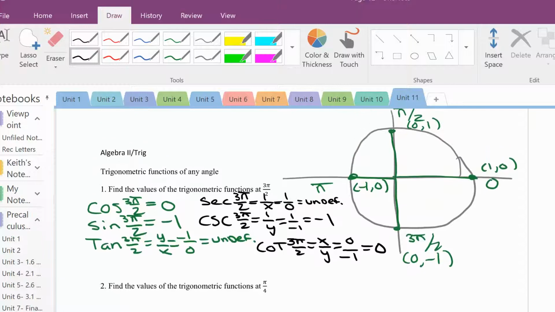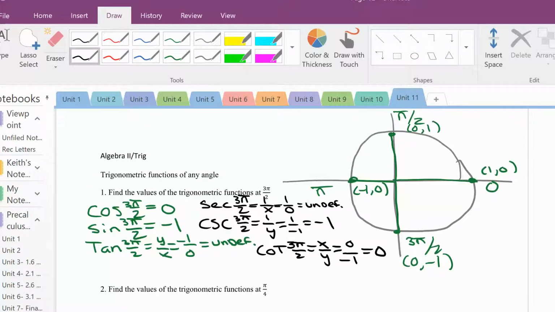If you're talking about pi over 4, it is halfway between pi over 2 and 0. So if we look at it in terms of the unit circle, halfway means that these two are going to be equal.